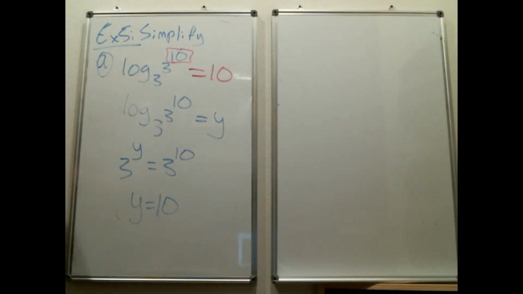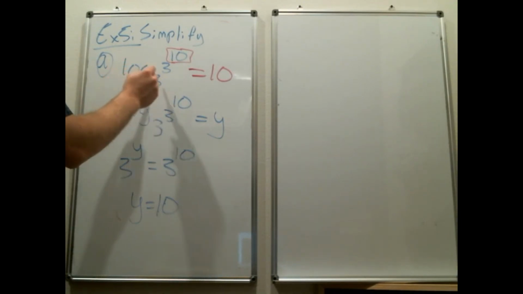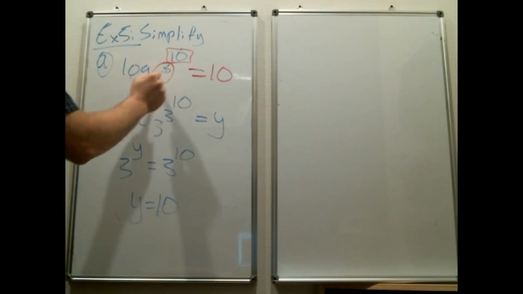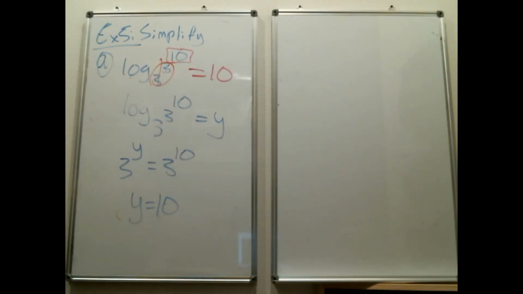So when you have log base 3 and 3 to the 10th, these cancel out with each other and you're left with 10. Again, I'm not asking you to remember these, and I don't want you to remember them. I want you to work them longhand, and as you become more and more familiar with them, you can start recognizing some of these.